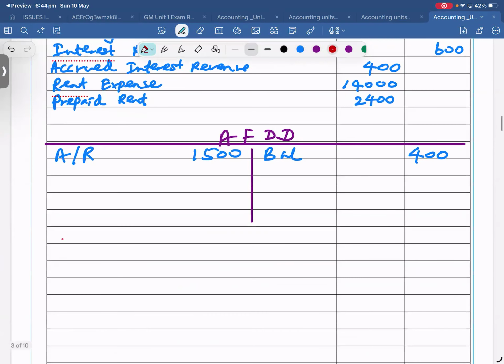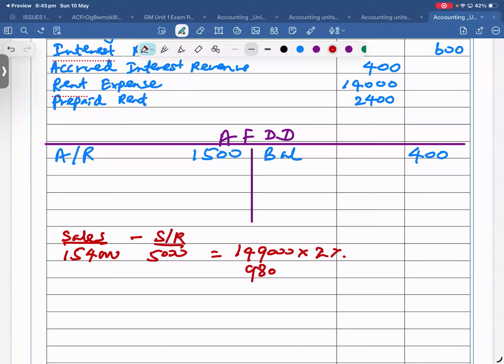How much is our sales? 154,000, and then take away sales returns 5,000, which is 149,000 times 2%, which is 2,980. What's the entry for this one, guys?